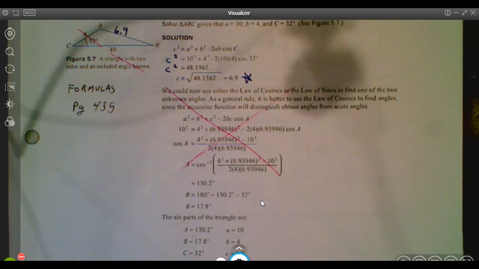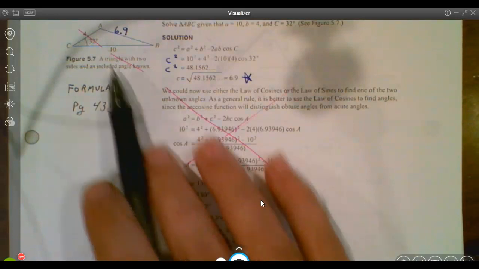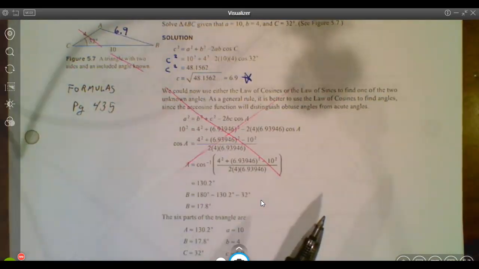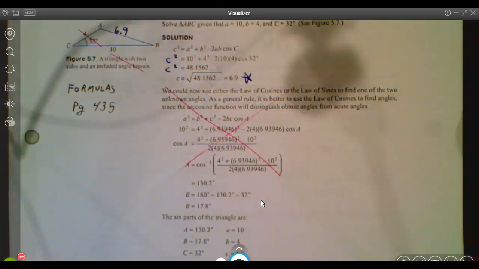If you were to use the law of sines to do this previous problem, you would notice if this came out to be an acute angle, not the obtuse angle, that your rule has been broken. And so that would be your hint that the law of sines process didn't work, because it would have broken the standard rules of triangles.